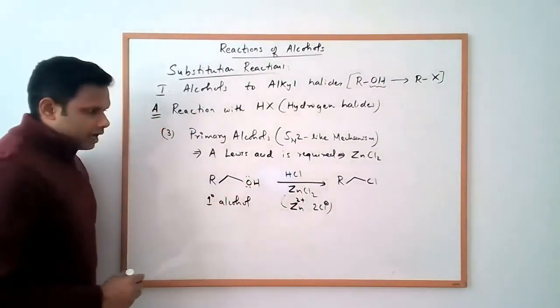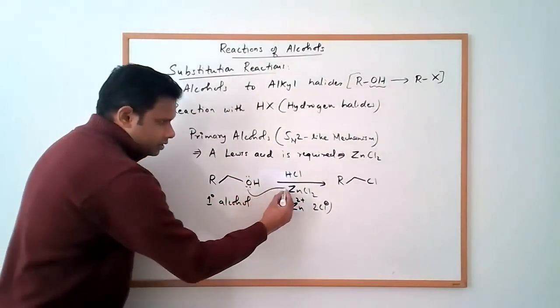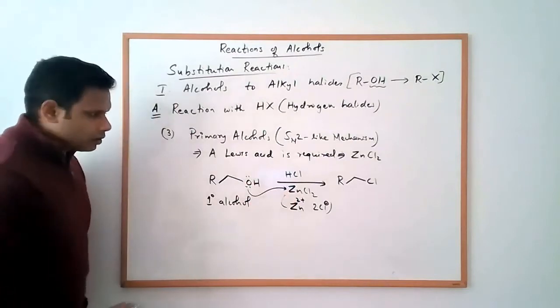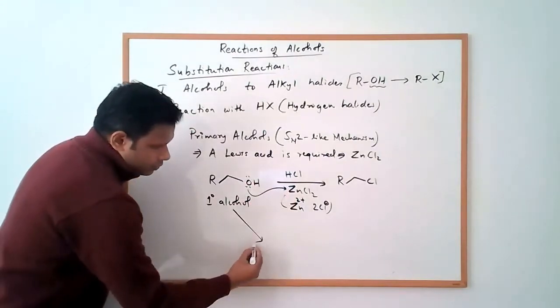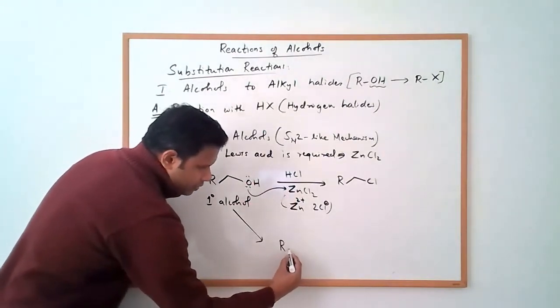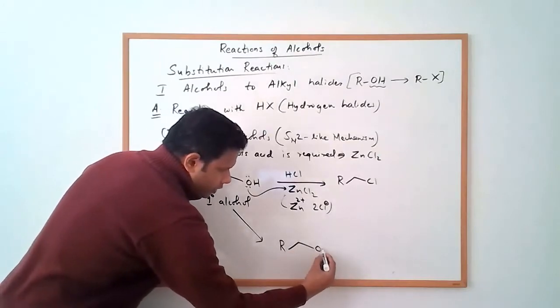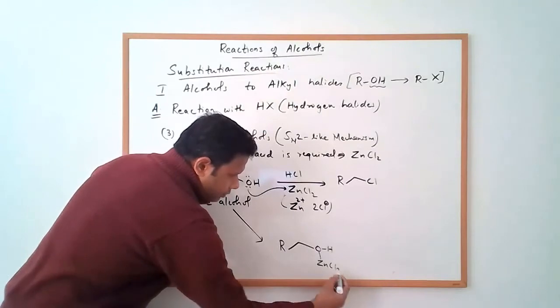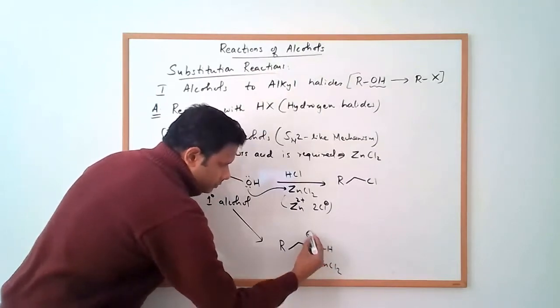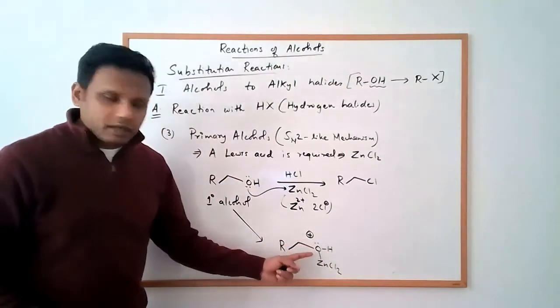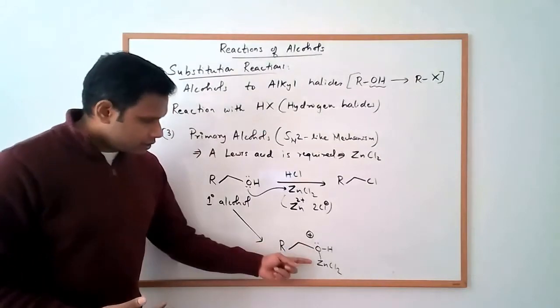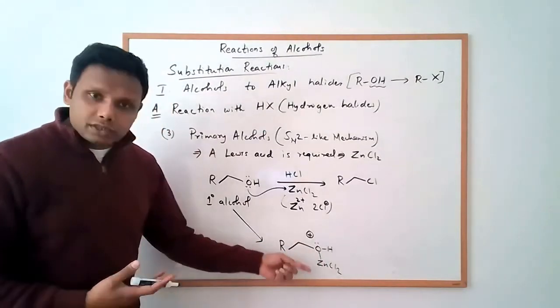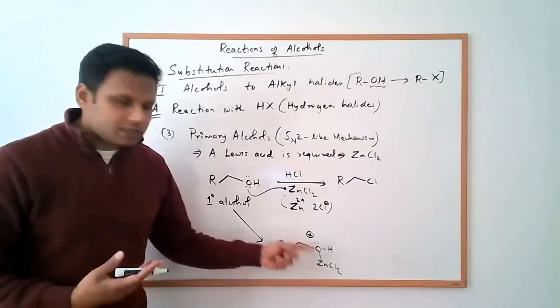Essentially, the alcohol can attack that zinc chloride to bring us to an intermediate where the oxygen is now bound to the zinc chloride and the oxygen has a positive charge. So it is very similar to the intermediate that we saw in the case of the secondary alcohol.